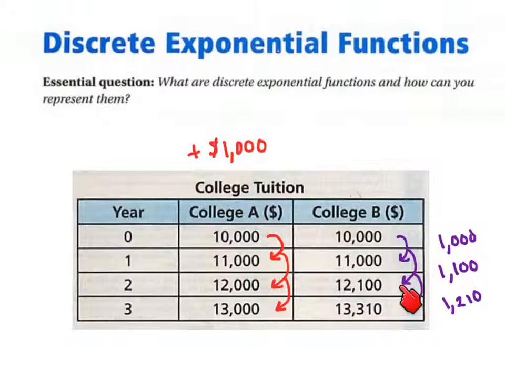This one is 10% of that one. So it went up by 10% each time. Or to put it another way, we took this number and multiplied it by 1.1. So 110% each time. That's another way to say it, and this is actually the better way for exponential functions.